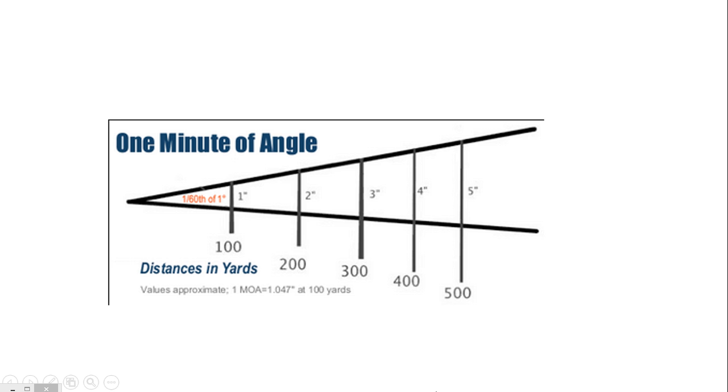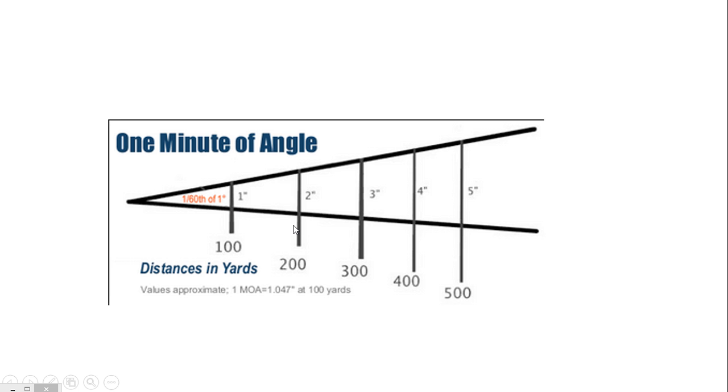Now, let's get a little different perspective on this. If I had an angle, I can't even draw an angle of 1 minute, so this is grossly exaggerated. But if the rays form 1 minute of arc, 1/60th of a degree, you would have to go 100 yards out before those rays are 1 inch apart.